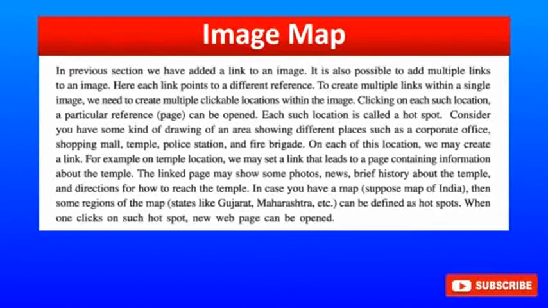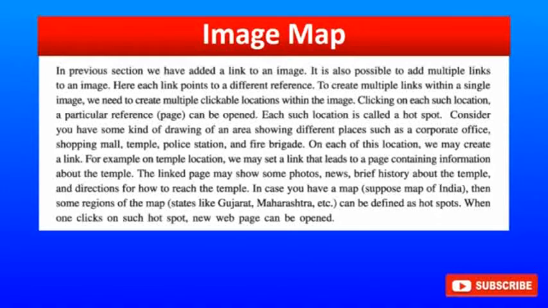Now we take an example that suppose we prepare a web page in which we have put the map of India. Okay. Now in this map there are different states. Suppose if a person brings the cursor on Gujarat, then Gujarat will be displayed. We know how to display that thing using ALT, right?